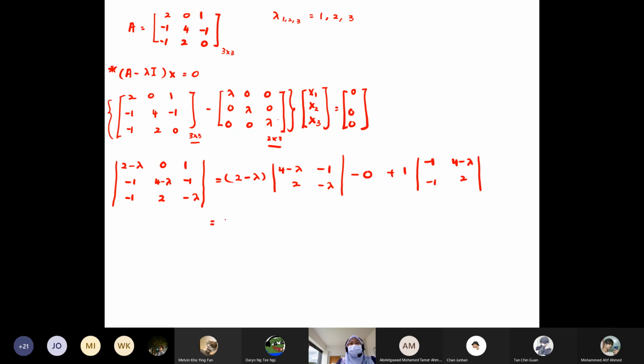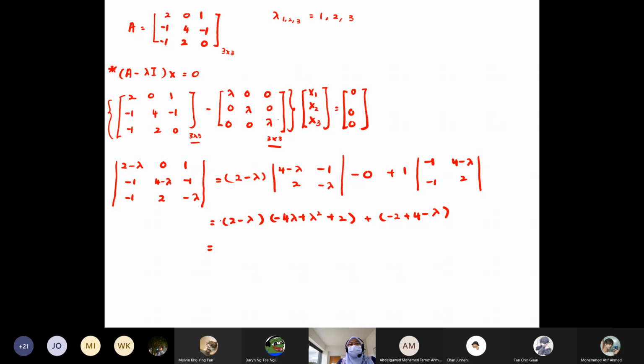From here we simplify. 2 minus lambda, so this one is minus 4 lambda plus lambda squared, plus 2. Minus should be 4 minus lambda, isn't it?